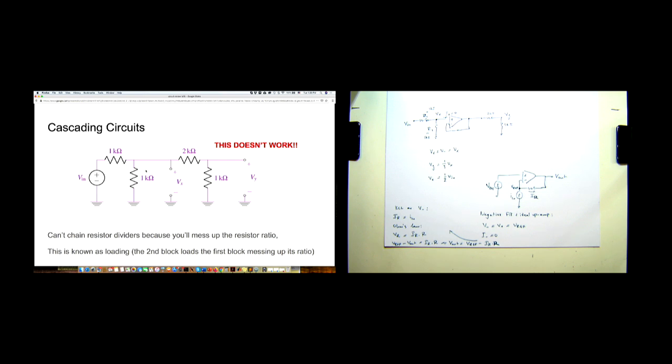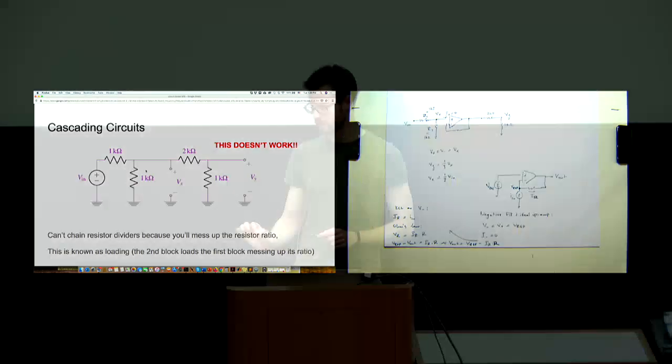I wouldn't get too hung up on the definition of loading. It's not that important. It's more important to understand the analysis techniques. And this is just showing you why an op-amp is useful, right? An op-amp does away with this effect because it's isolating the two blocks, and the load no longer affects the previous part of the circuit.